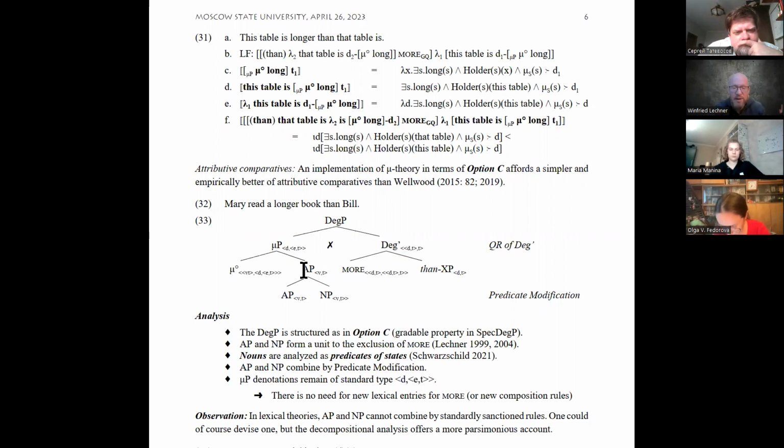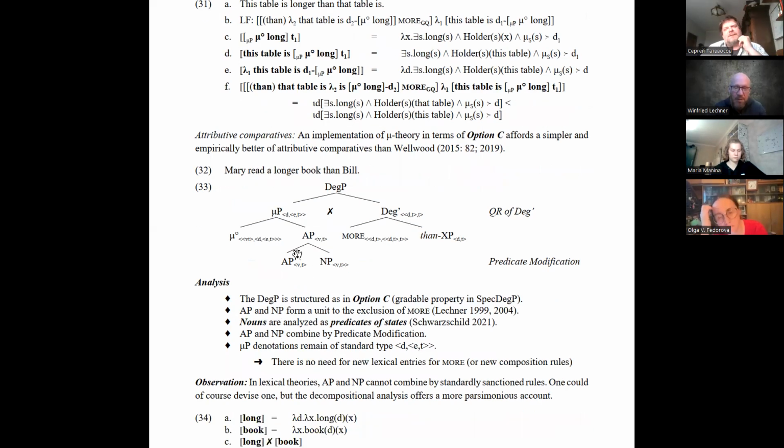The other ways of doing this can be seen to be in trouble in various ways. Okay. So to repeat, the AP and the NP form a unit, and the degree head is introduced by mu.